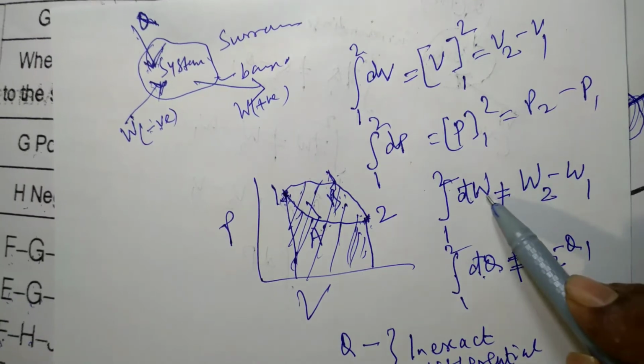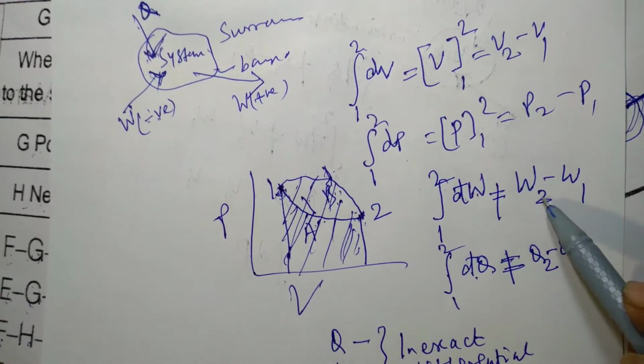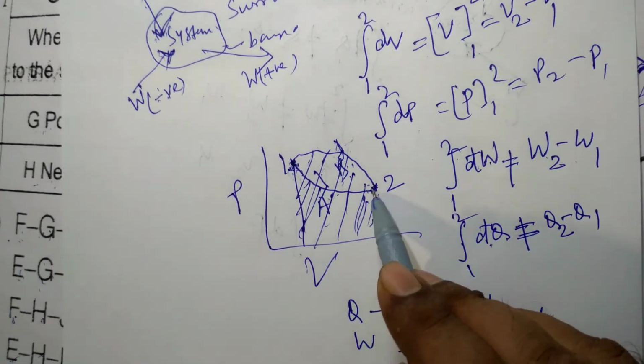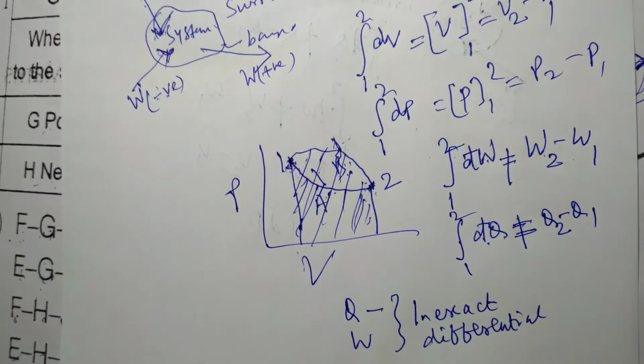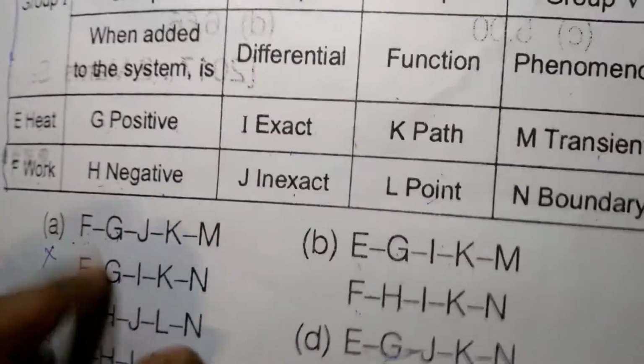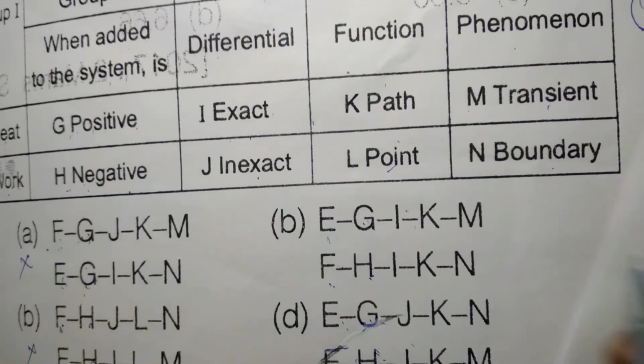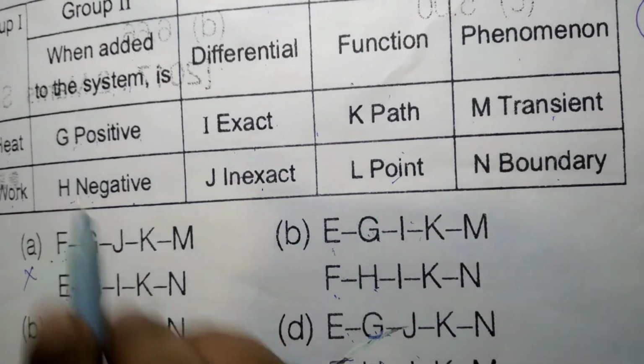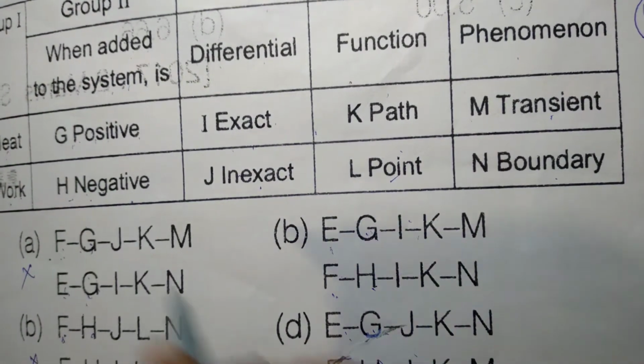But when we integrate dW, it cannot be equal to W2 minus W1, because we can't define W2 for a system at state 2. So that's why both are inexact. Heat is also inexact and work is inexact.